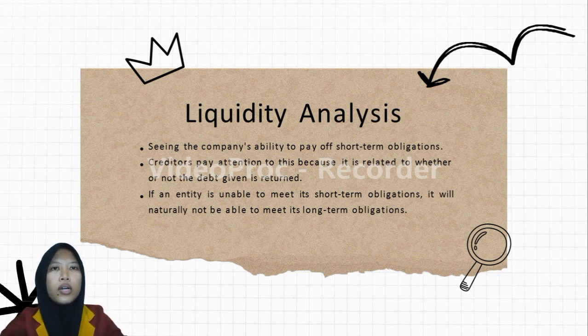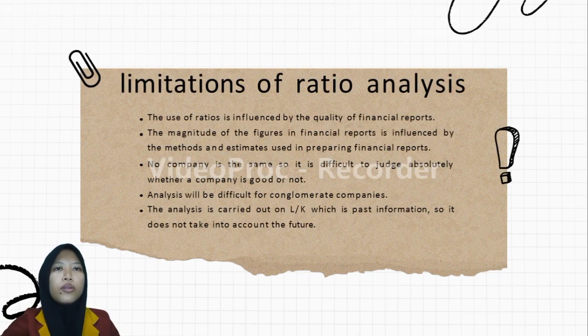Limitation of ratio analysis. 1. The analysis of ratios is influenced by the quality of financial reports. 2. The magnitude of the figures in financial reports is influenced by the methods and estimates used in preparing financial reports. 3.